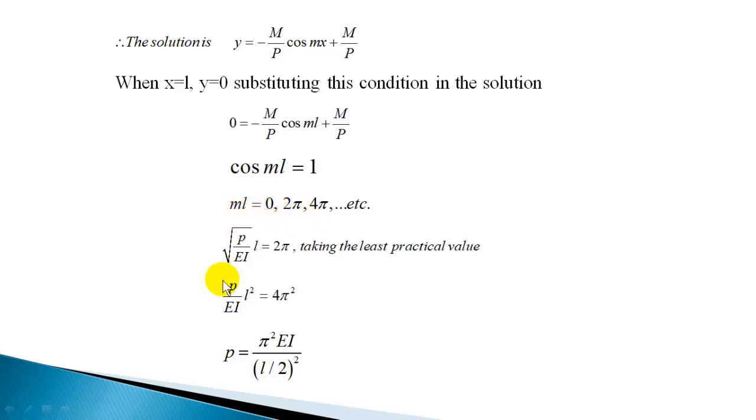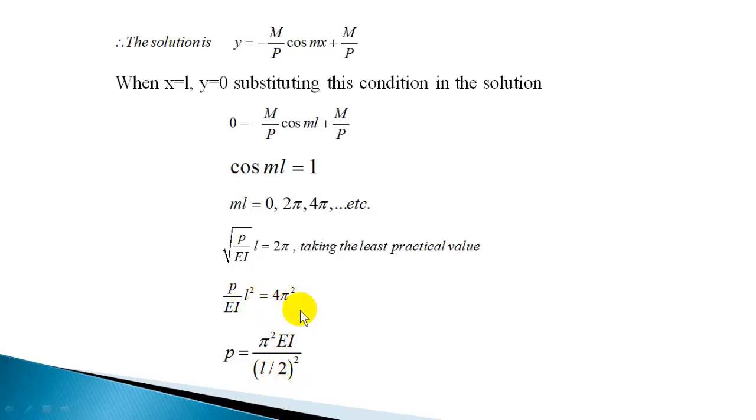So m is root of P by EI, into L is equal to 2 pi, or P by EI L square is equal to 4 pi square, or buckling load P is equal to pi square EI divided by L square by 4. I have taken this 4 into the denominator, so this is L by 2 square.